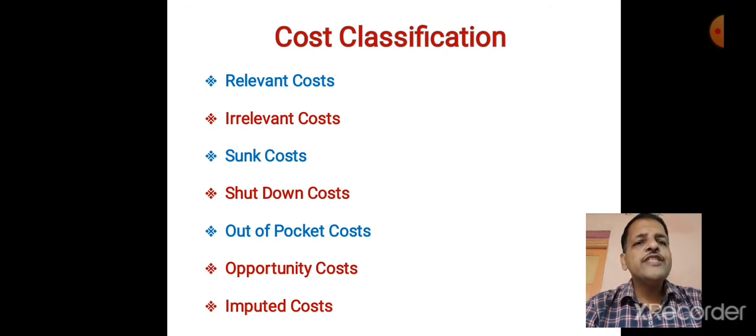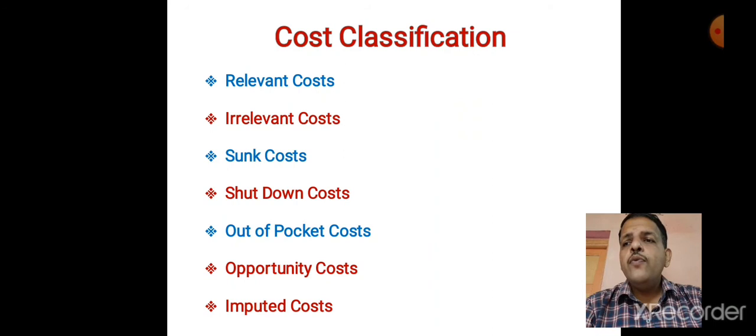Let us go towards imputed costs. Now, we have seen out-of-pocket cost. In that case, we have to pay actual money. Say purchase of raw material for 10 lakh, we have to pay 10 lakh rupees. Totally opposite is imputed cost. Imputed costs are notional costs which do not involve any cash outlay.